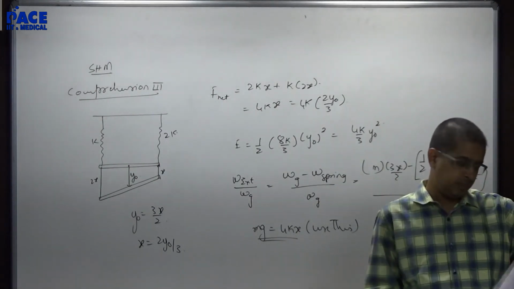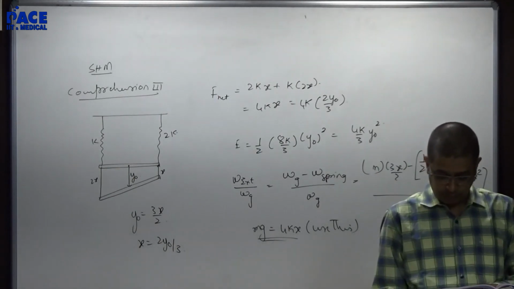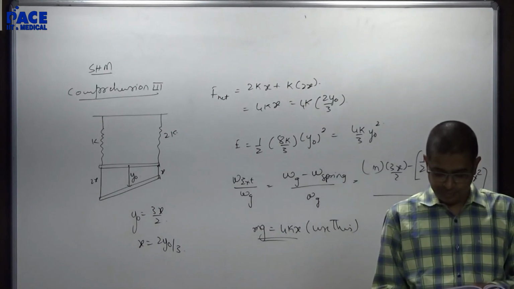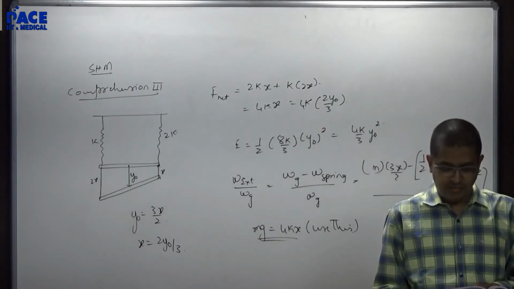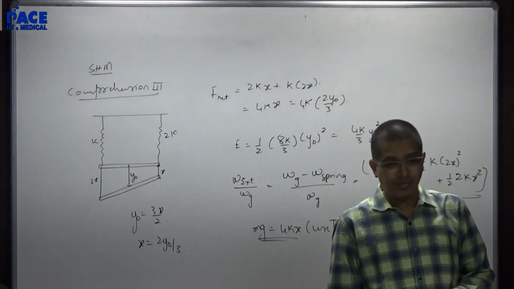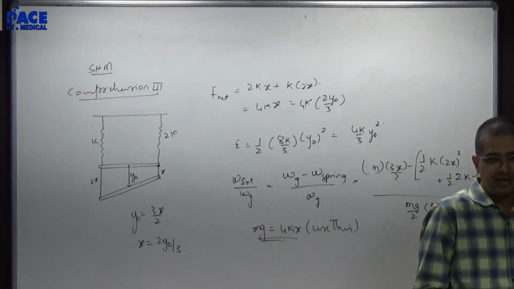The formula that we defined: coefficient of tension whole square by K equivalent is equal to sigma of coefficient of tension whole square by K. We have the answer.